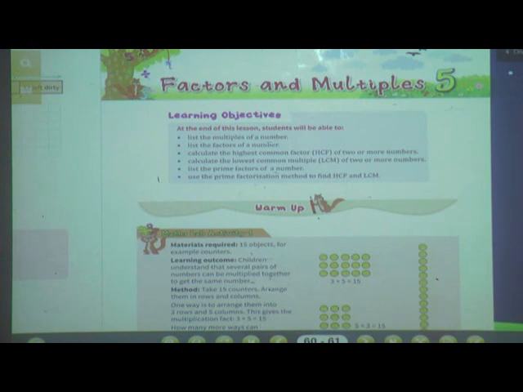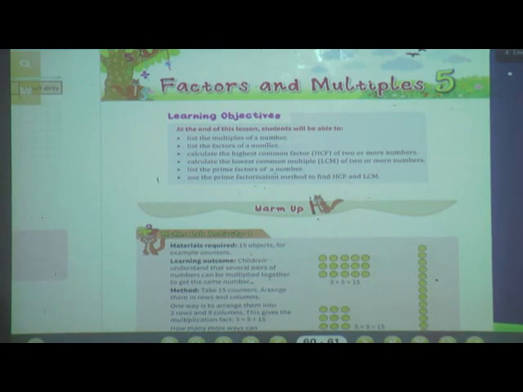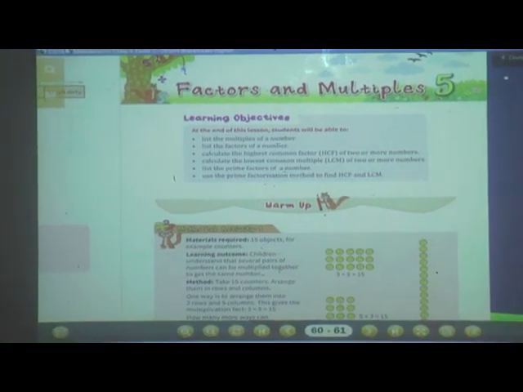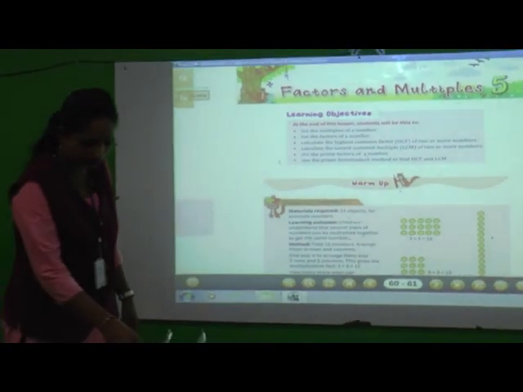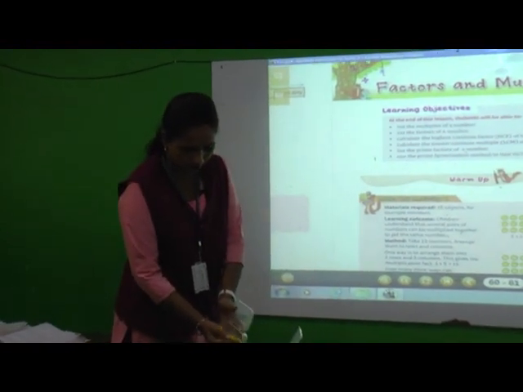Okay, now what are we going to do? Now we will have one activity to understand what factors and multiples are. Okay, now here I have some ones.